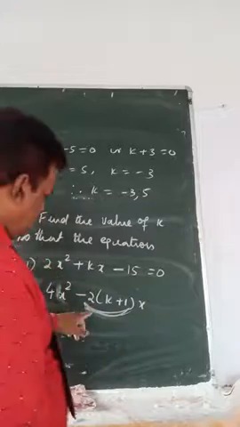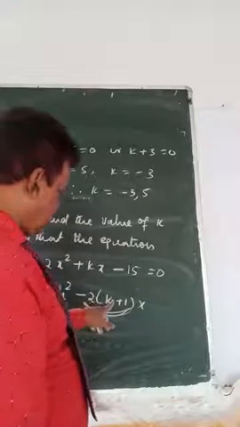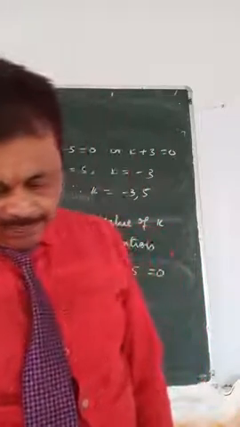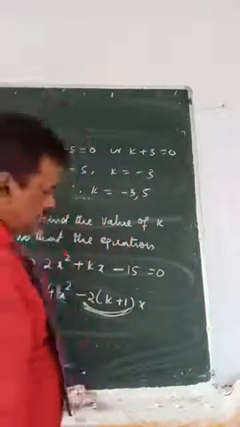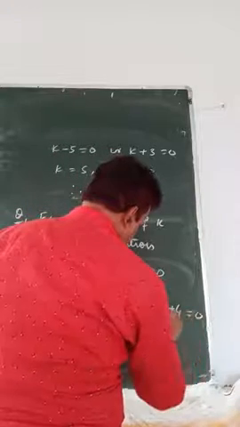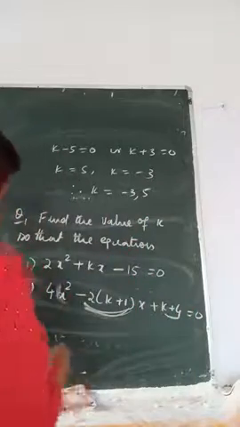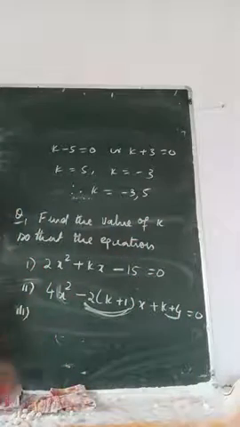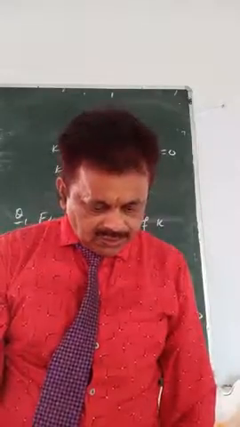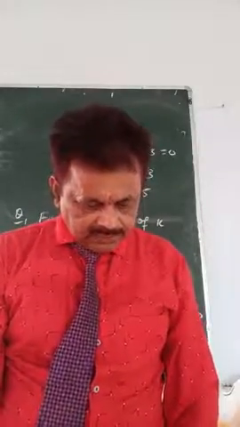B is minus 2 into k plus 1 x. Then plus k plus 4. This is your C. Third question, that is k plus 4 x square. This I did, I think.